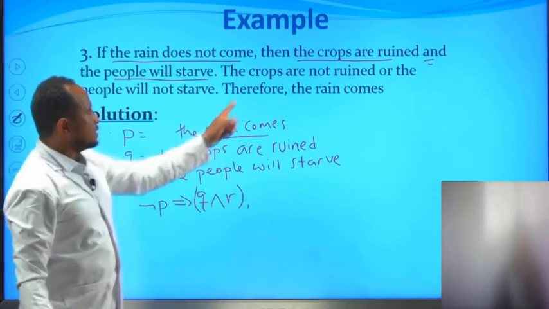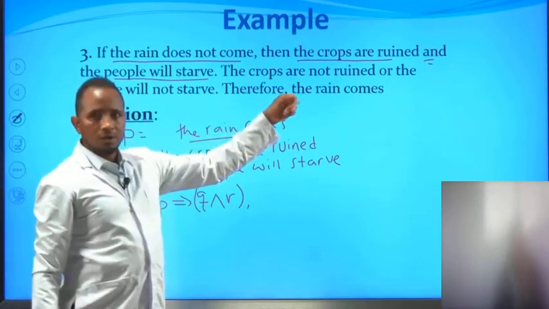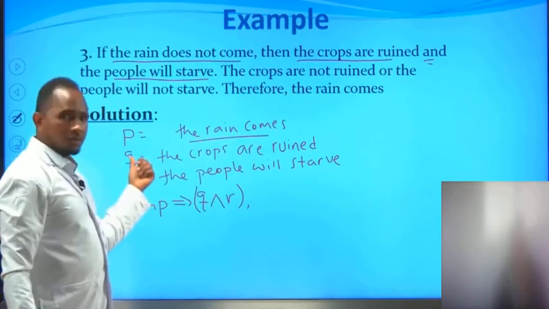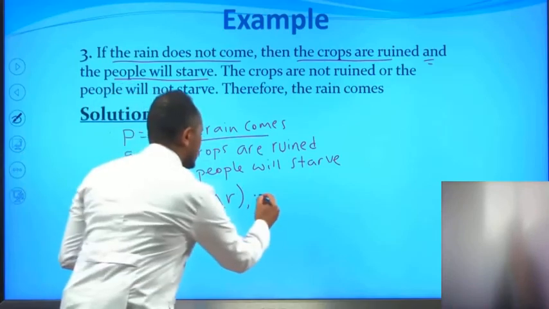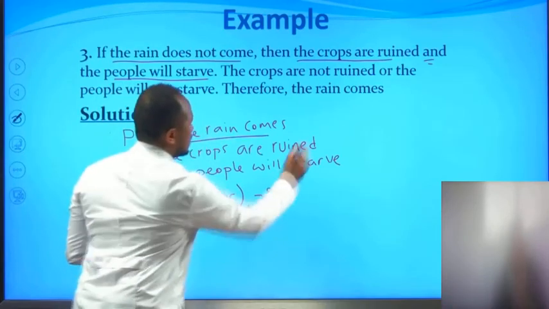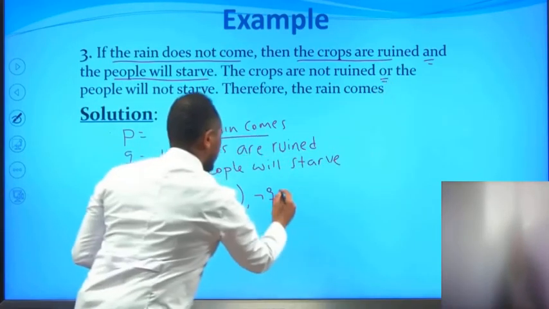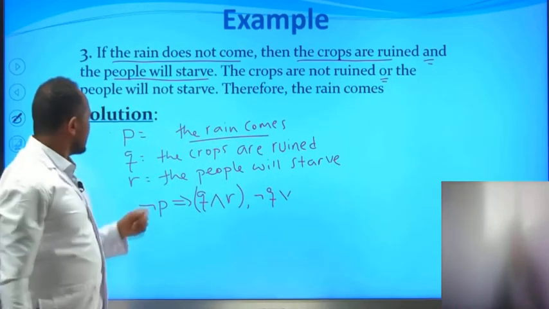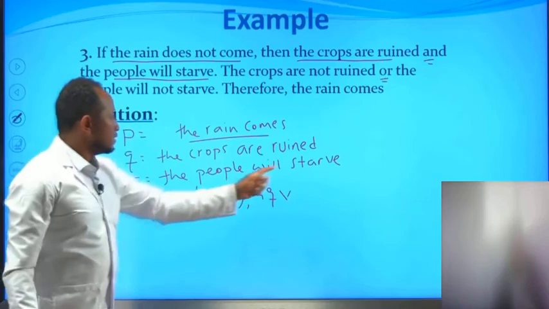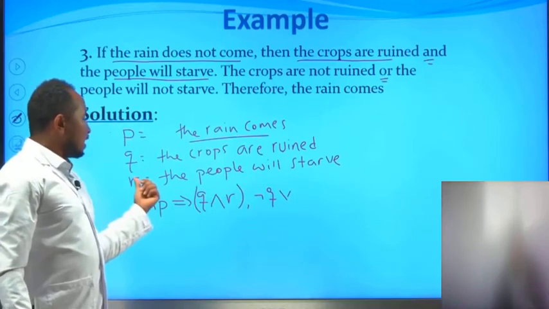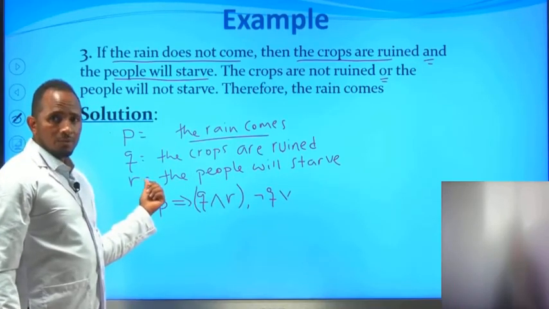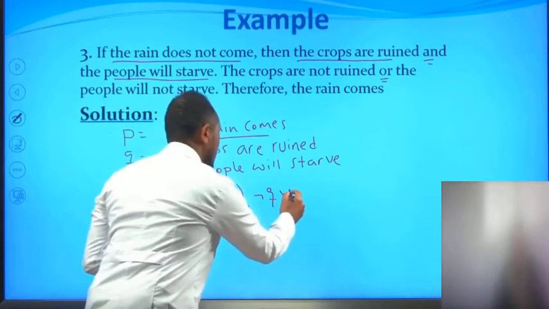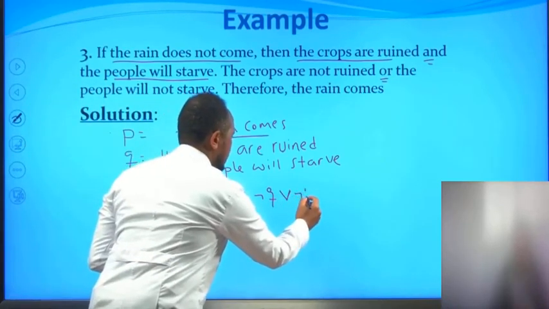The second one: the crops are not ruined is negation of Q, or the people will not starve. R is the people will starve, so the people will not starve is negation of R.